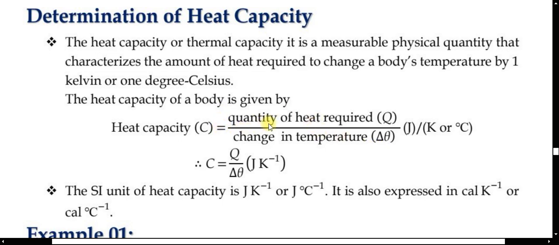So that is the formula for finding heat capacity. We take the quantity of heat required to raise the temperature by 1 Kelvin or 1 degree Celsius over the change in temperature.